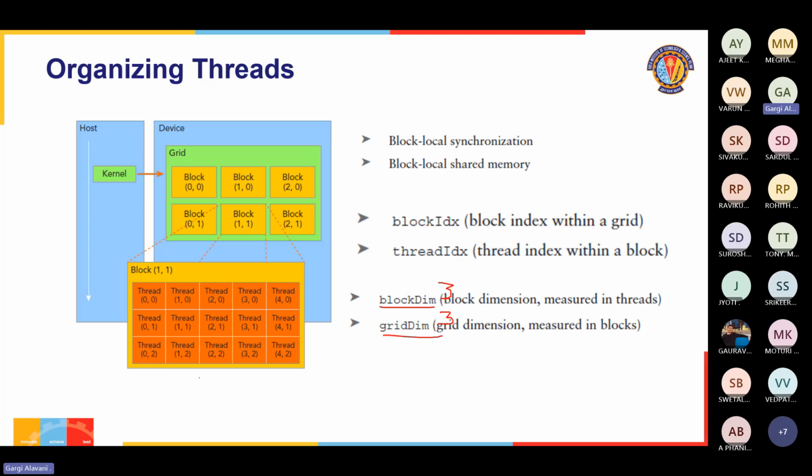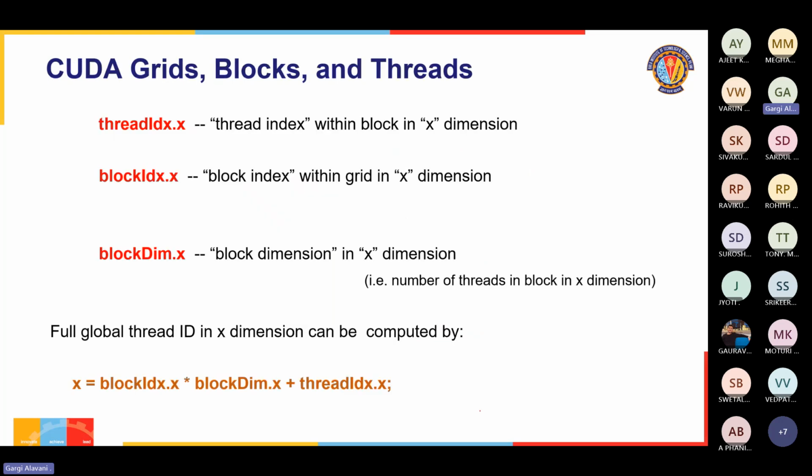So let us see how these grid and block sizes are chosen and how you get the unique thread index from this grid and block size. So what is a unique thread index? You may have a 1D grid and block, or 2D or 3D.